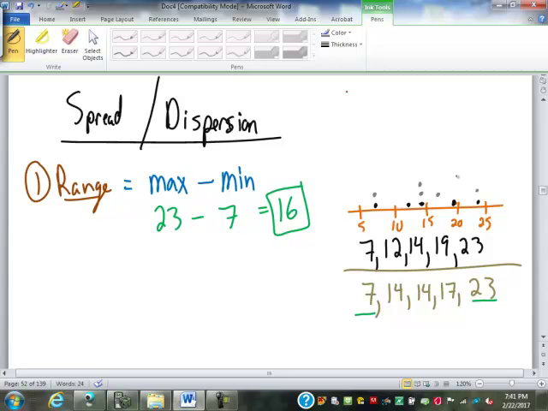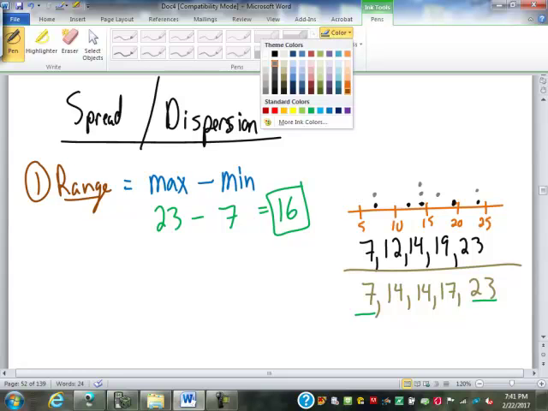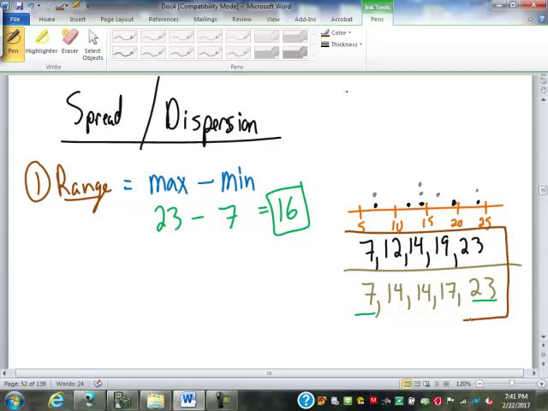You can see that gray set is more concentrated towards the center. It's less spread out. So the range does not distinguish between these two sets of data. So the range is not a great measure of spread or dispersion. It's a quick measure. And if it's a normally distributed set of data, it's not a bad way of figuring it out.